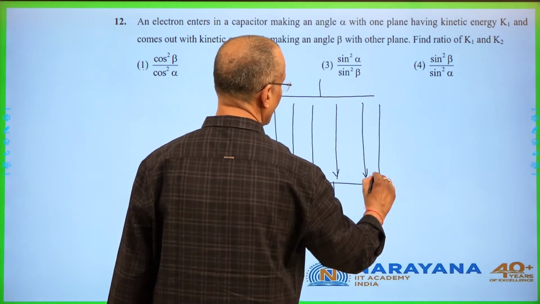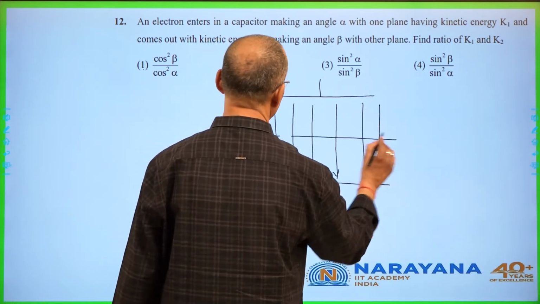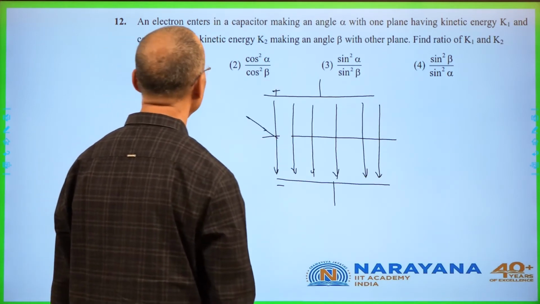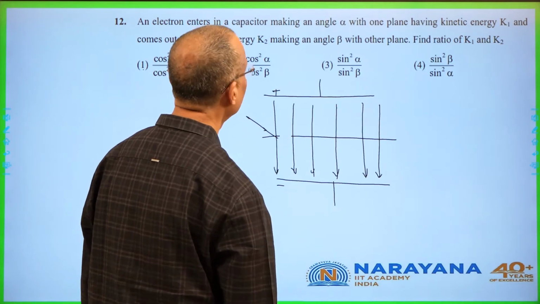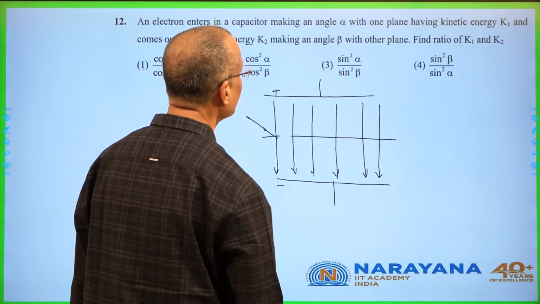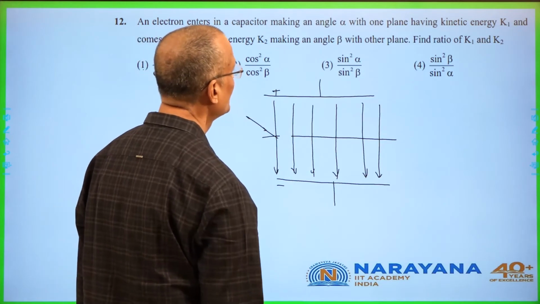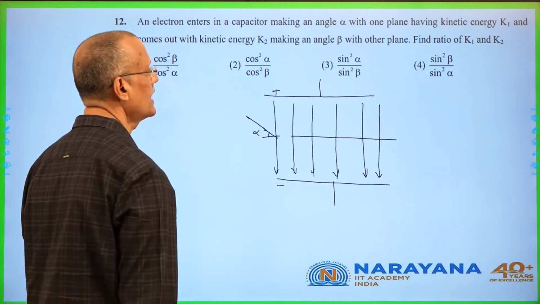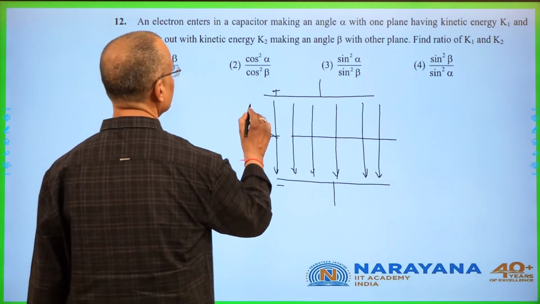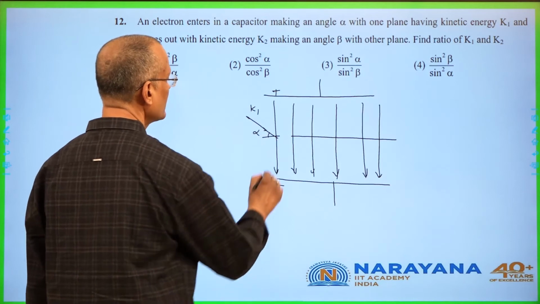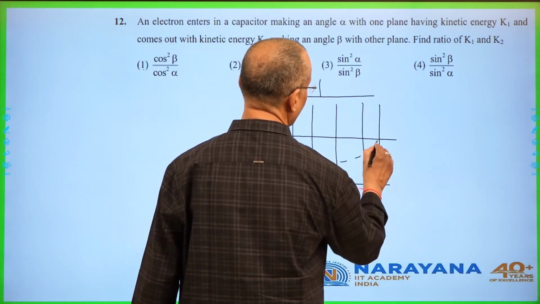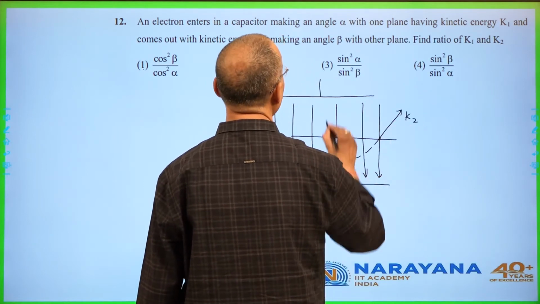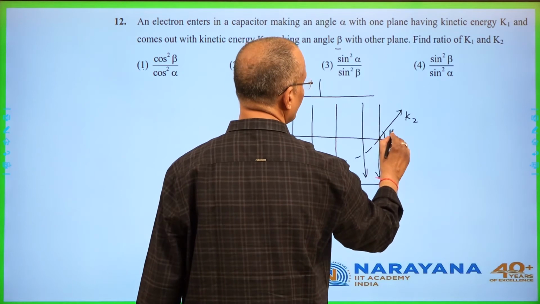The electron is entering here at an angle alpha with kinetic energy K1. Let us suppose it is going like this and emerging out here with kinetic energy K2, making an angle beta with this.